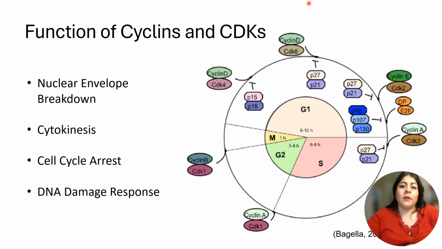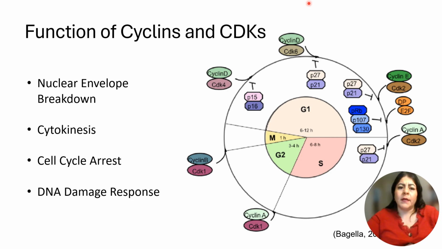CDKs also play a crucial role in cell cycle arrest by targeting the retinoblastoma protein, or pRB. So I'll be referring to retinoblastoma as pRB.